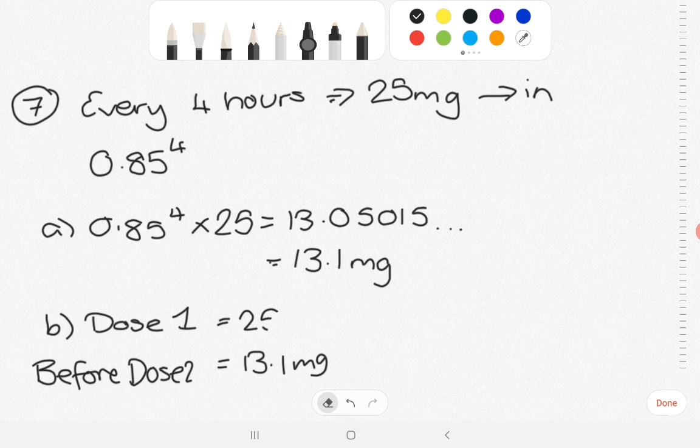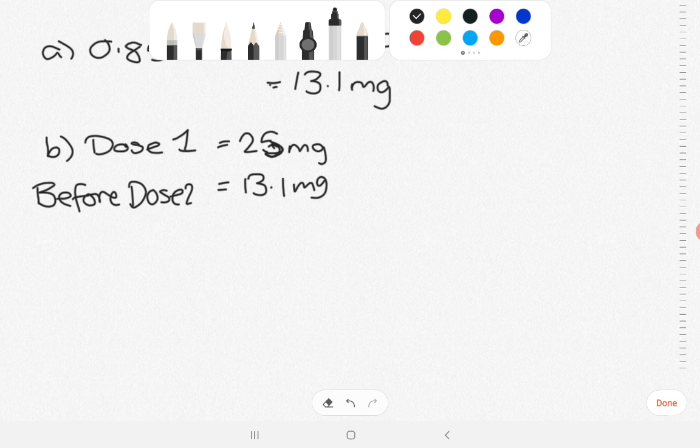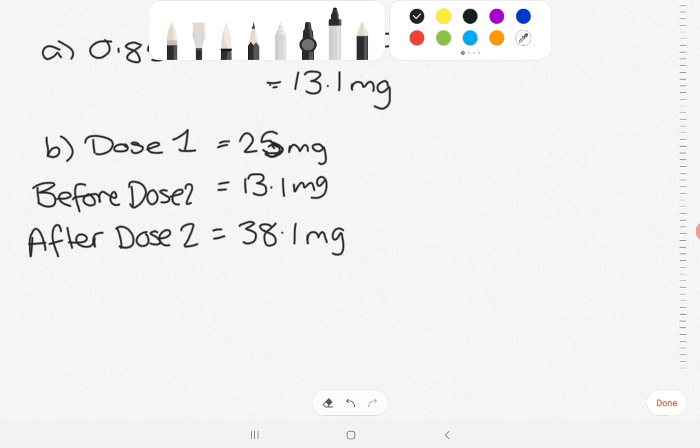Okay, so it's dropped so significantly that it's now below this magic 20 that we're looking for. So from there, after dose 2, you're adding in a second dose, which is another 25 milligrams, so that would add up to 38.1 or 38.05 milligrams, depending on how accurate you are with your decimal places.